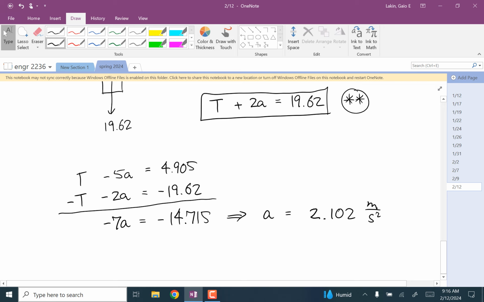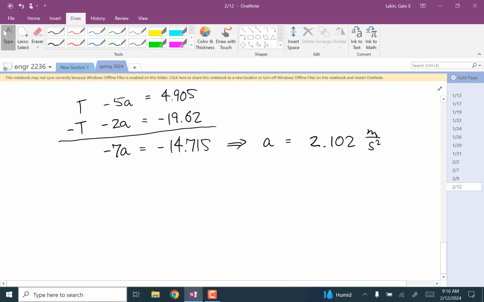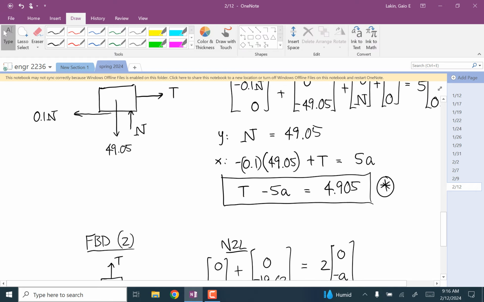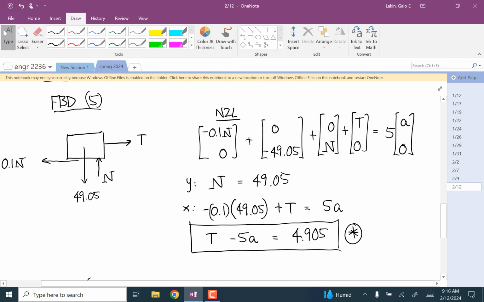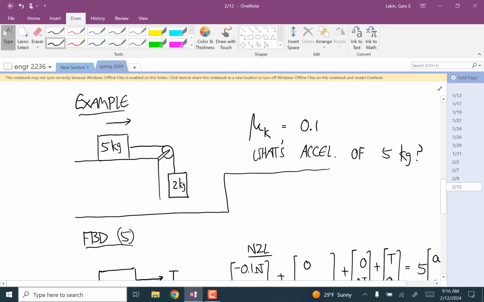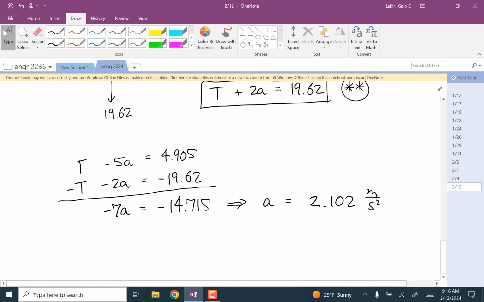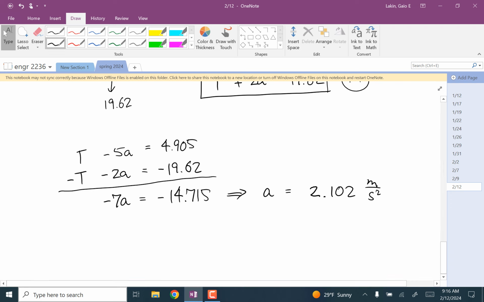Now plug that into the acceleration vector for whichever one you want. I specified that we want the acceleration of the 5. So the acceleration vector of the 5 is 2.10 and then 0.